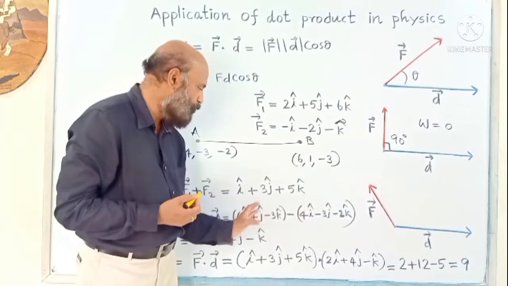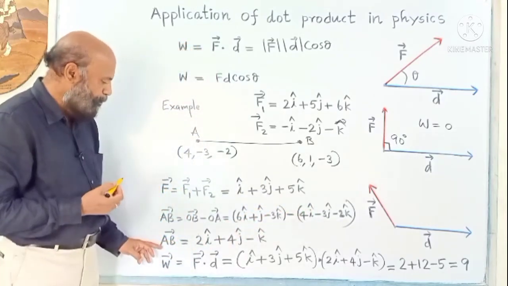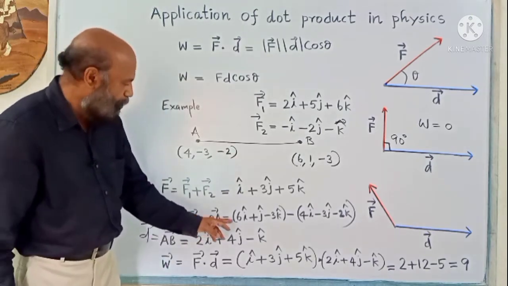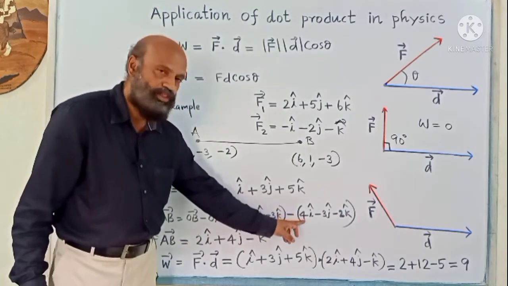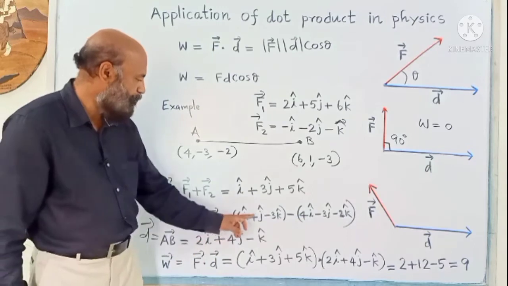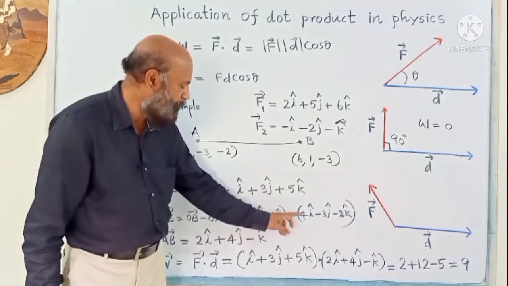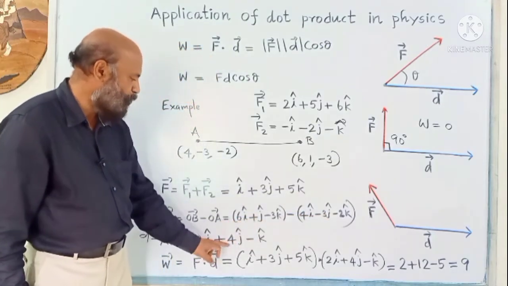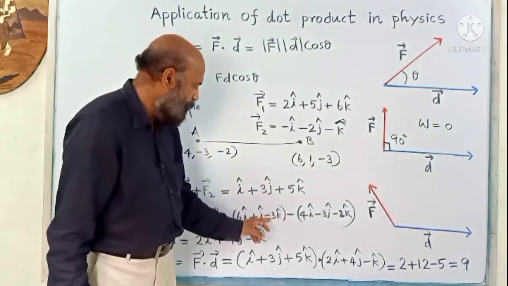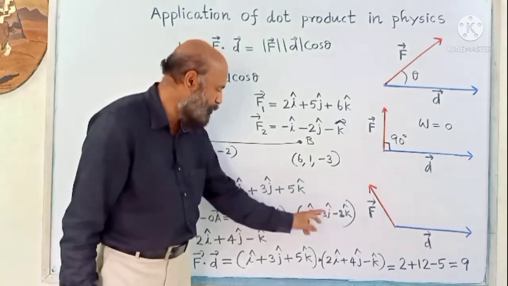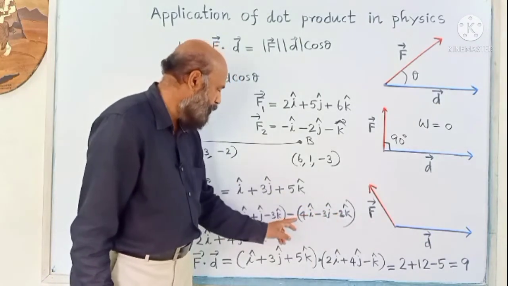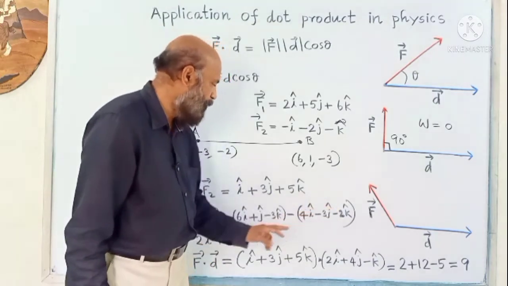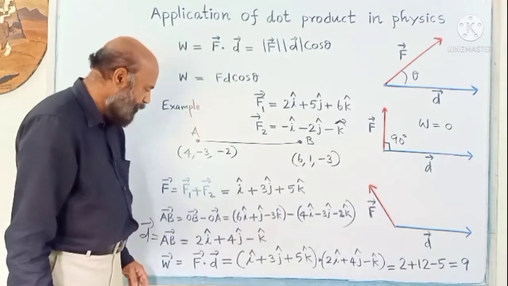So you have to subtract these two vectors. So AB vector, that is displacement vector. Now 6i minus 4i, that is 2i, then j minus minus 3j, minus into minus plus, so plus 3j, and this j, it is 4j. Next minus 3k, here minus into minus plus, so minus 3 plus 2k, that is minus k.